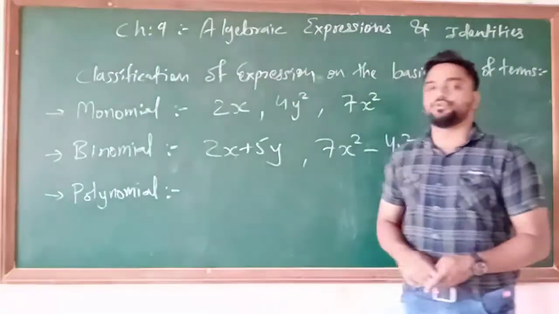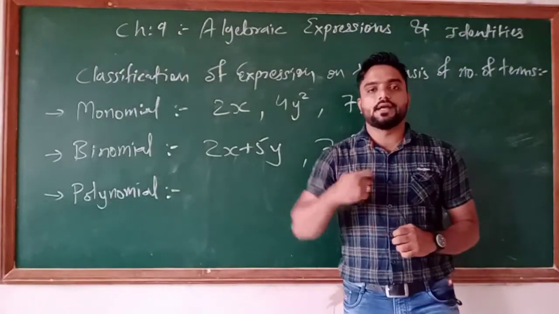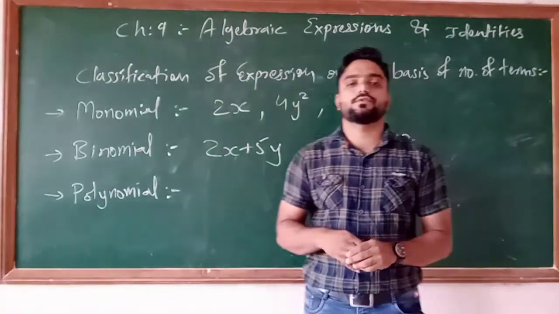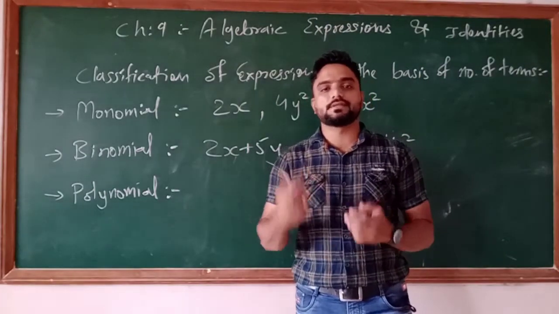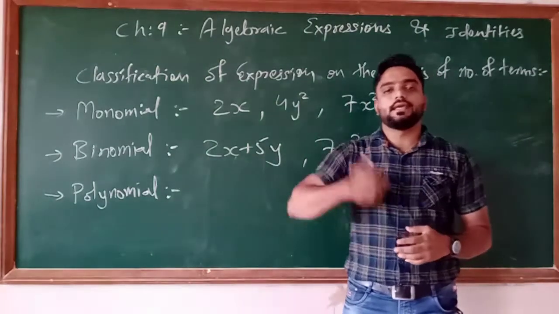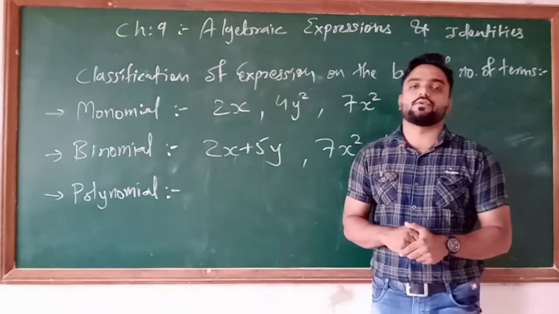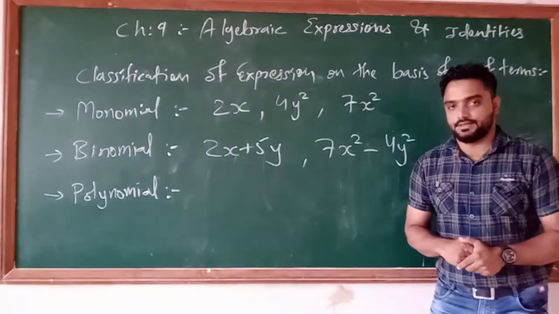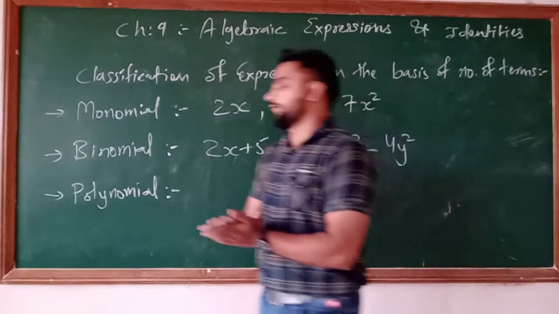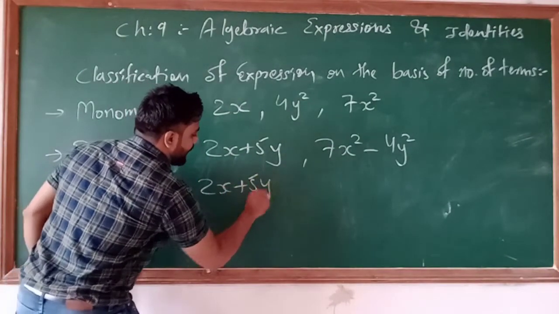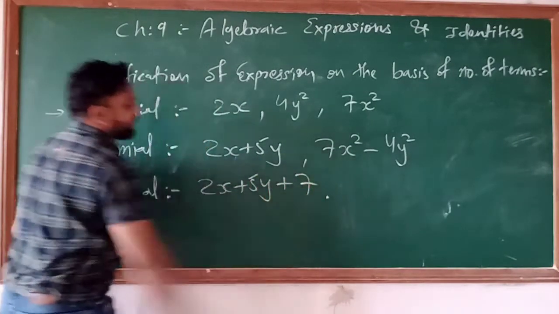The expression that contains more than two terms is called a polynomial. Understand or not? Suppose I am writing one of the examples, that is 2x plus 5y plus 7.